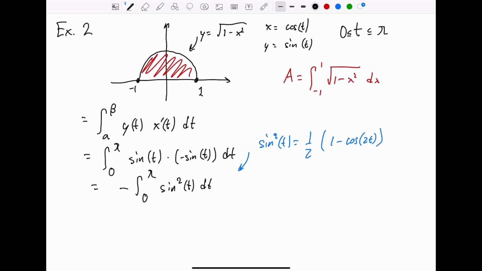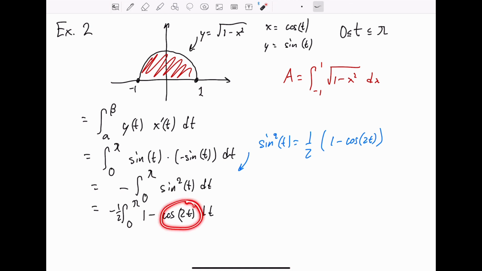So we can convert this sine squared of t using that trig identity, and we're still integrating from 0 to pi. I'm going to go ahead and take the 1/2 out front of the integral right away. So I have a negative 1/2 out front, and then inside I have 1 minus cosine of 2t.